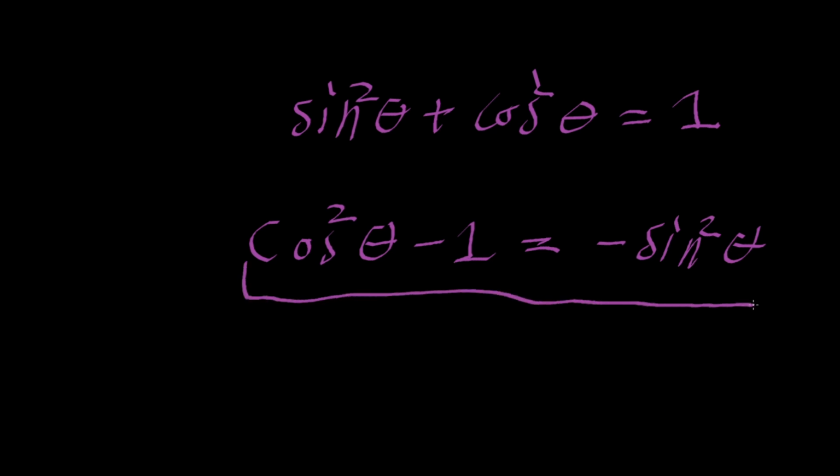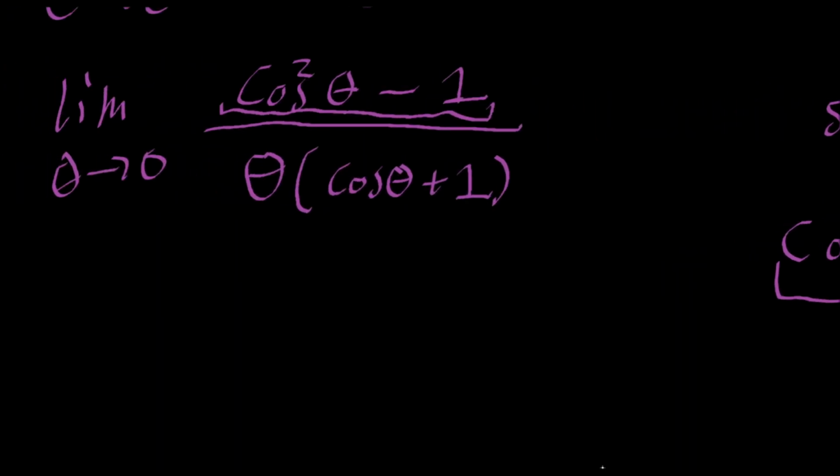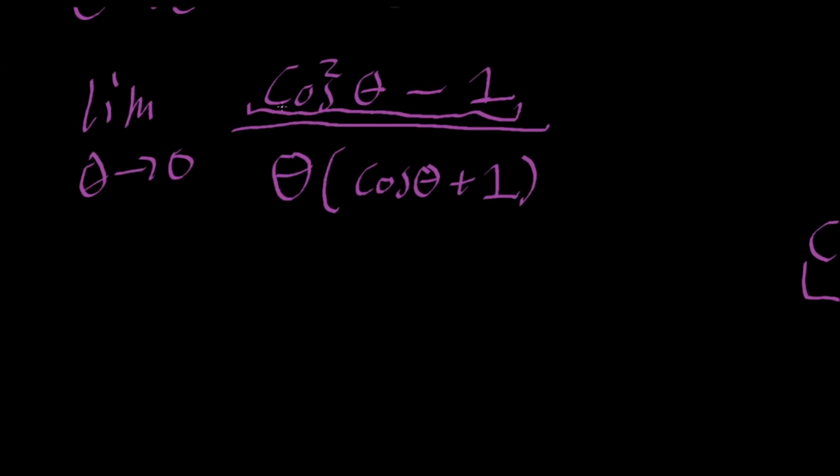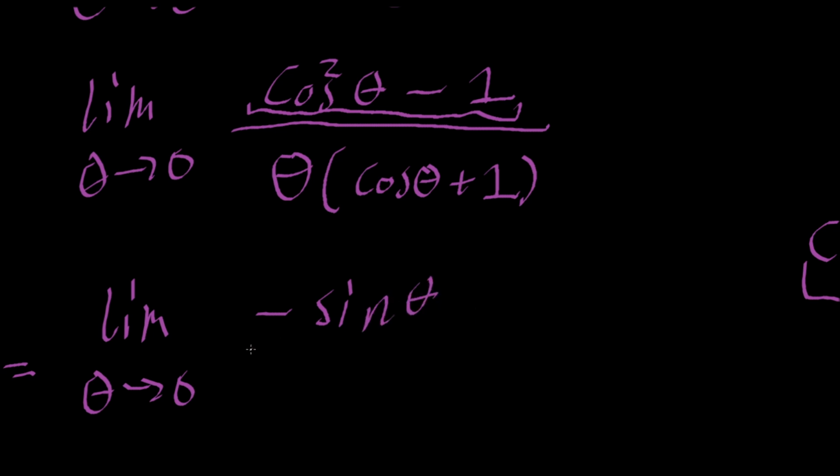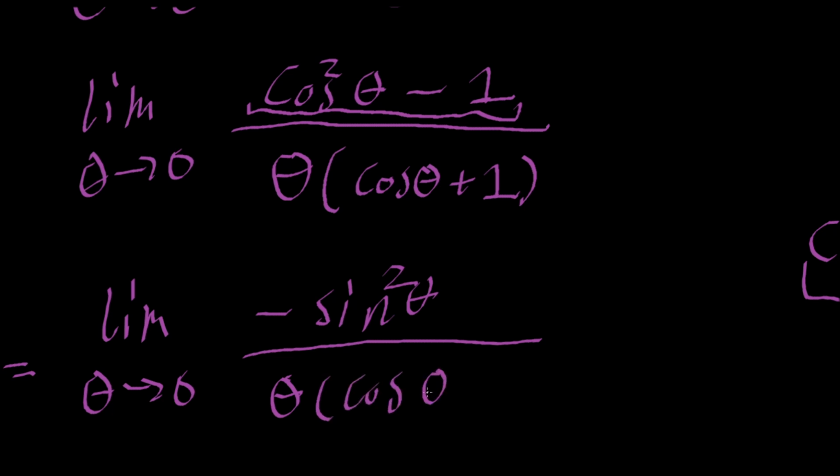So if we know this, we can plug negative sine squared of theta into this numerator. So this is just equal to the limit as theta is approaching 0 of negative sine squared of theta divided by theta times cosine of theta plus 1.